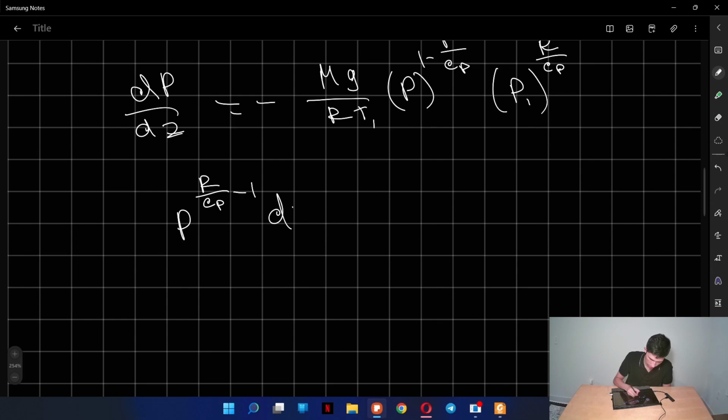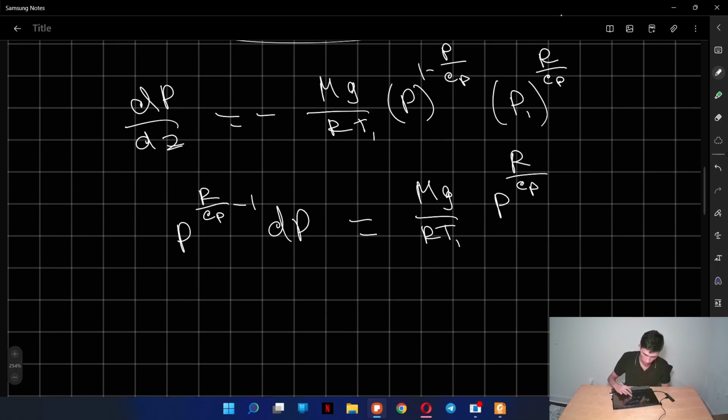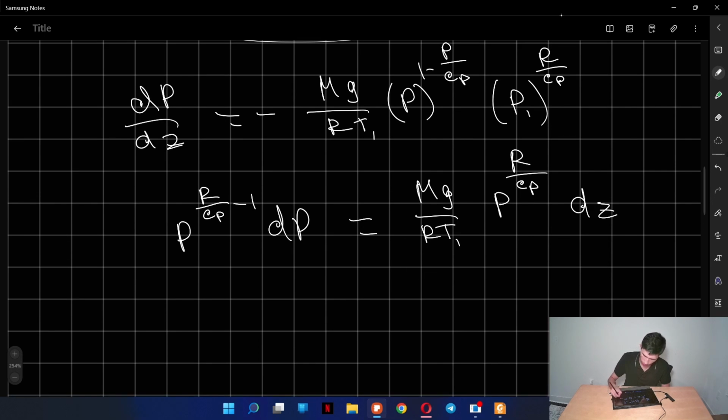Yep, and dP equals mg over R T initial pressure to the power R over Cp, and dz.